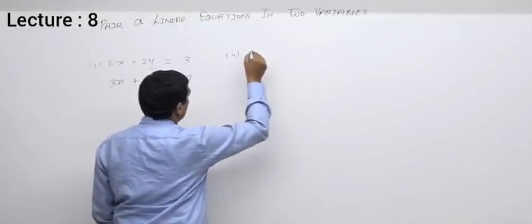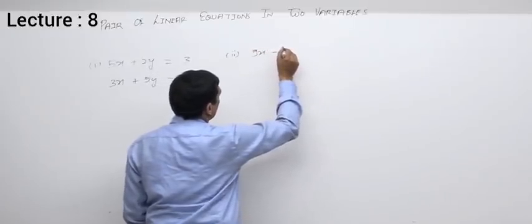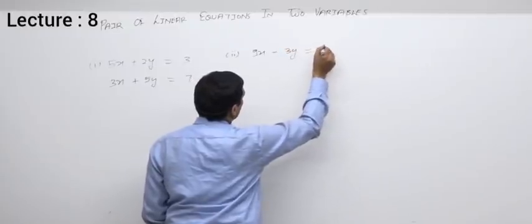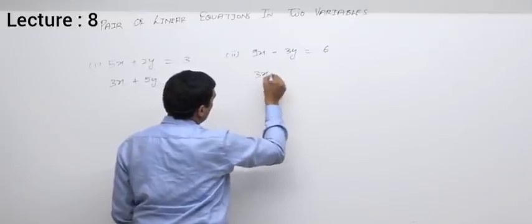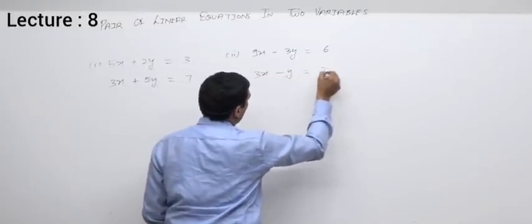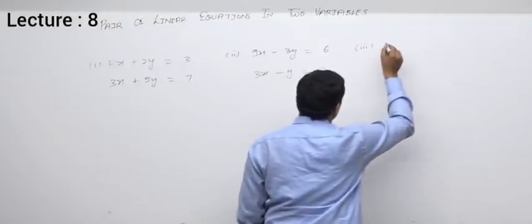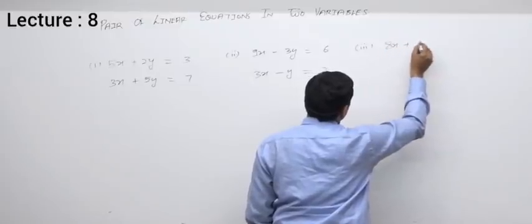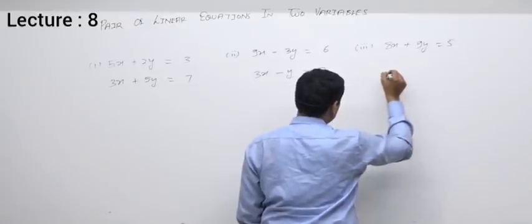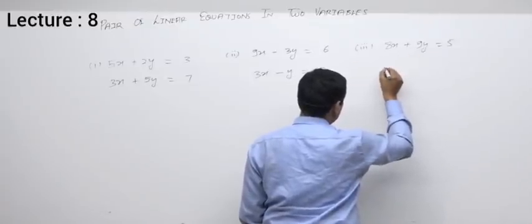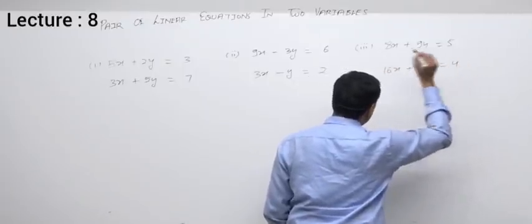Let the second equation be 9x minus 3y equals 6, that is 3x minus y equals 2, and let's take the third example as 8x plus 9y equals 5, and 16x plus 18y equals 4.